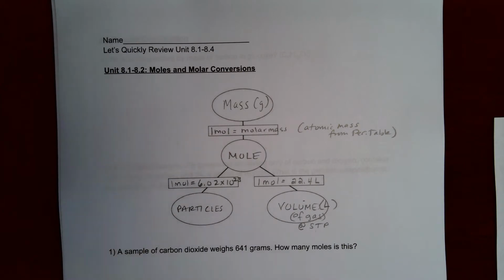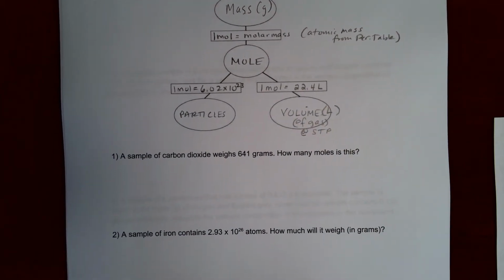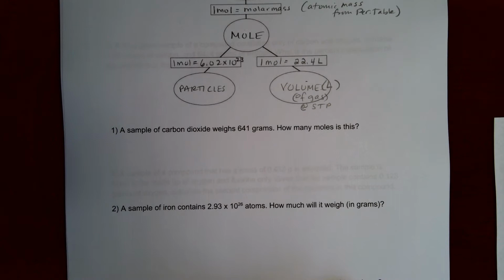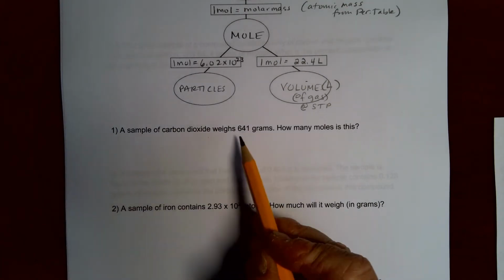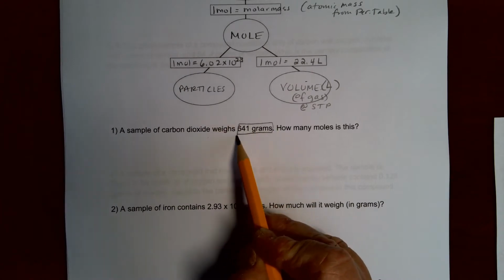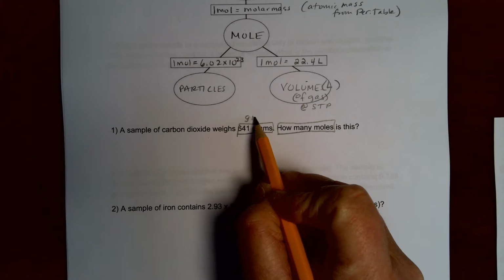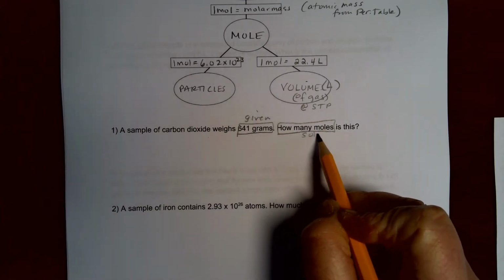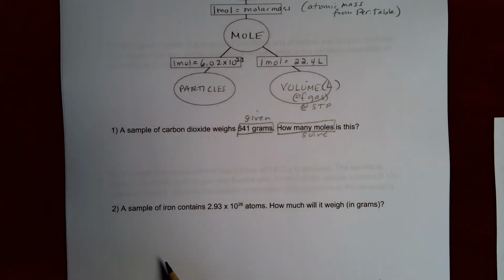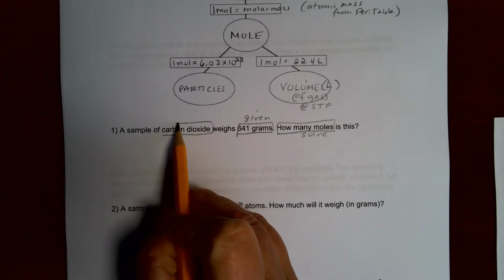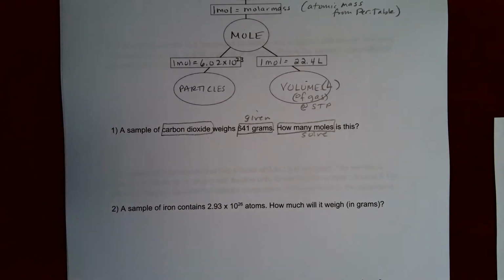All right, so that is the map that'll help you with the conversion problems that are here for you to practice. So a sample of carbon dioxide weighs 640 grams. How many moles is this? So you have a given quantity and you're being asked to solve for something else. It may be helpful to know what the substance is.